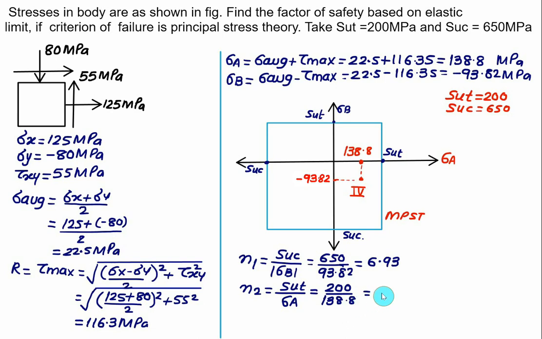You will get this value equal to 1.44. So when we are in quadrant 2 or quadrant 4, you have to select the factor of safety as the minimum value of either N1 or N2. This time the minimum value is 1.44. So the factor of safety will be equal to 1.44.